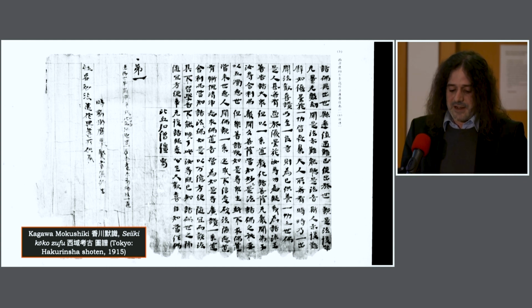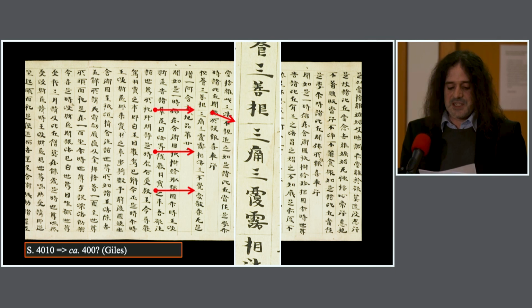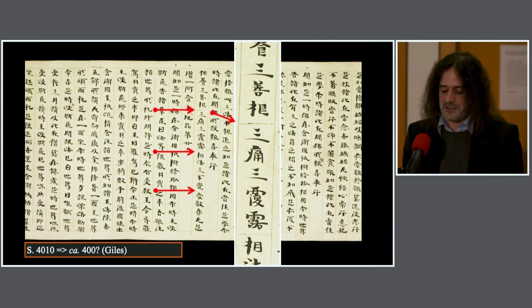And concerning this type of layout, we even know one extreme case. This is not a copy of the Lotus Sutra, but an interesting example anyway, in which the scribe or the individual responsible for structuring the manuscript layout has traced these lines for one single column containing verses.